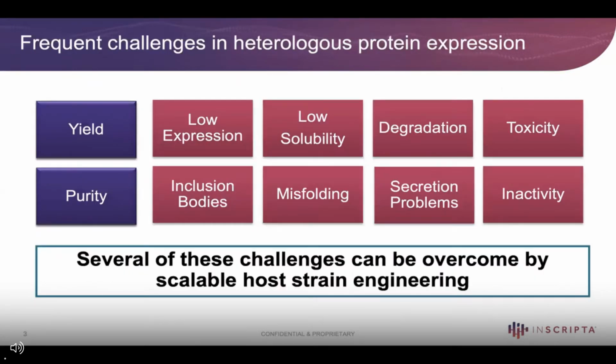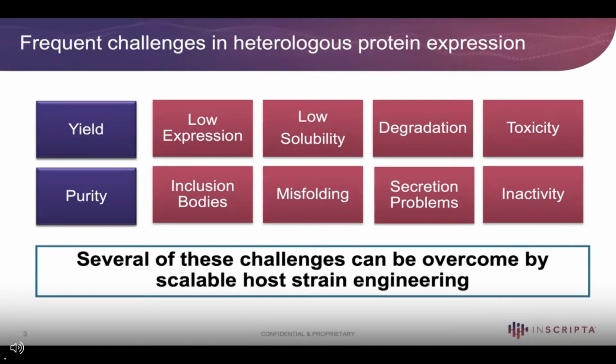But when we think about the problem of heterologous protein expression, there are usually a few challenges along the way. When we set out for improved protein production, what we're realistically looking for at the end of the day is improved yields of functional enzymes or proteins and improved purity of those proteins.